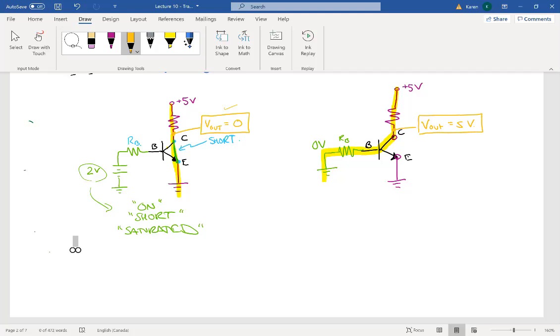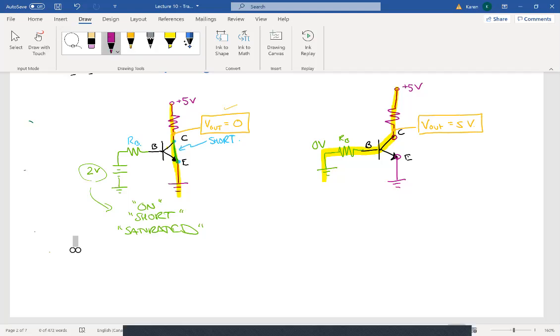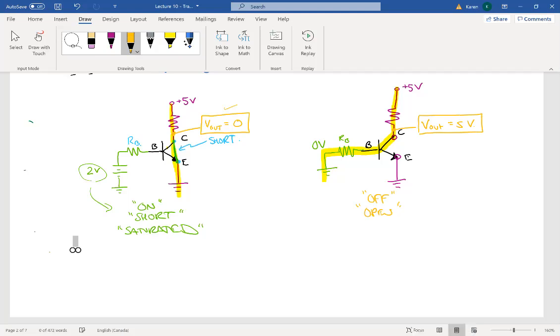And this case is called open, or it's called off, or it's called cutoff. The transistor is cut off. So that's when we feed it a 0.